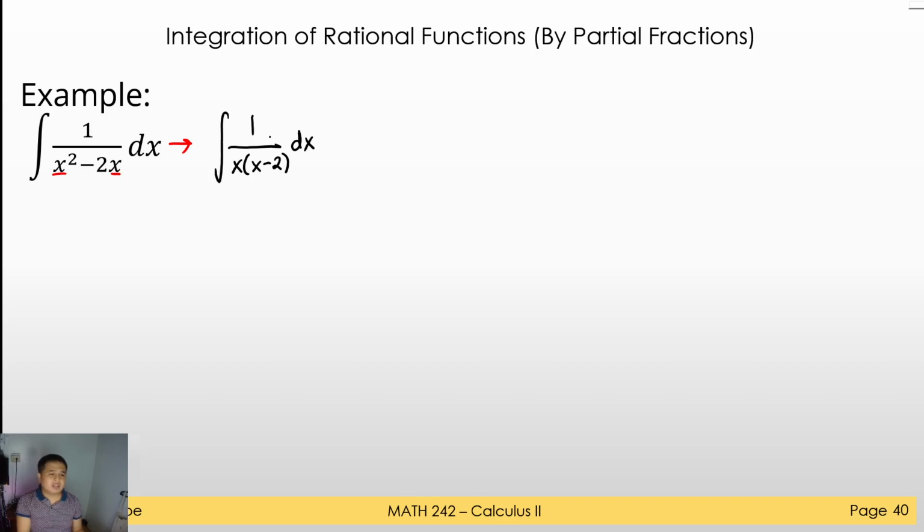Okay? So in partial fraction decomposition, you can rewrite this into two terms, since you have two factors. The first term has x as its denominator, and the second term has x minus 2 as its denominator.